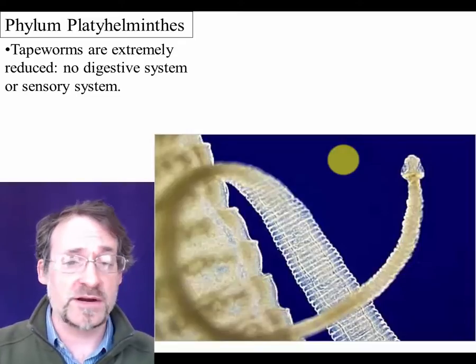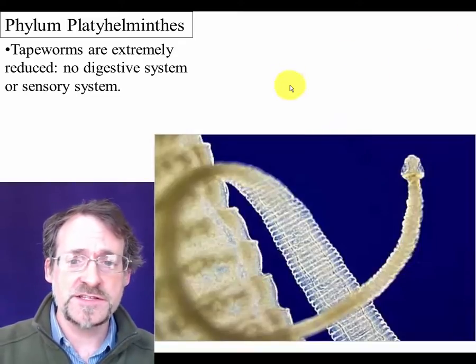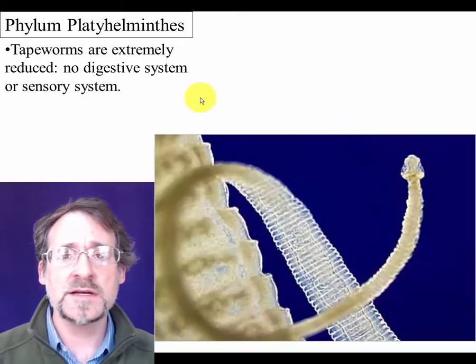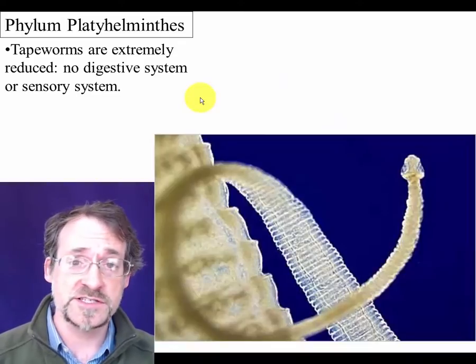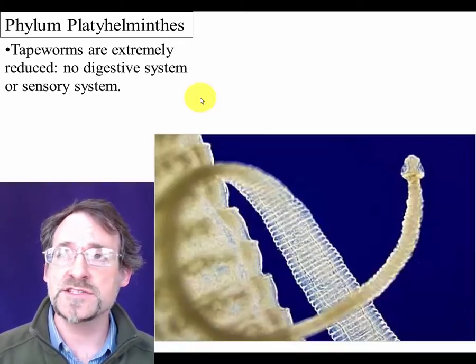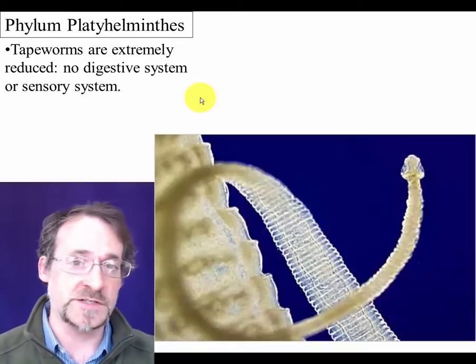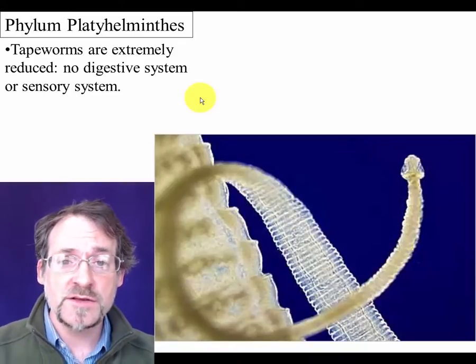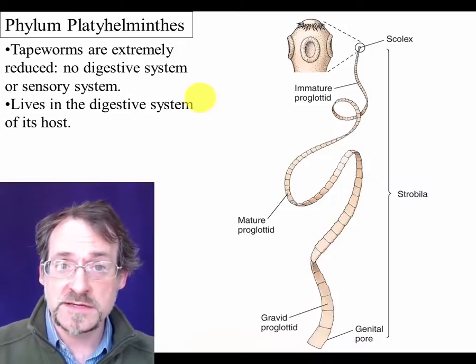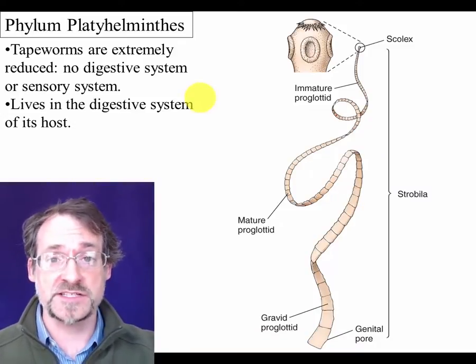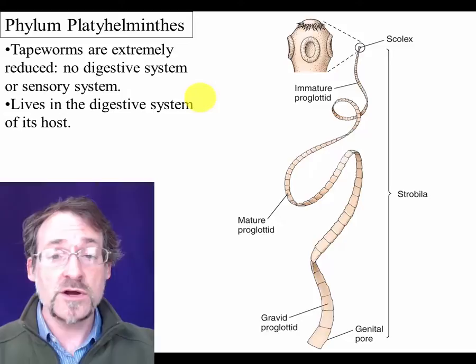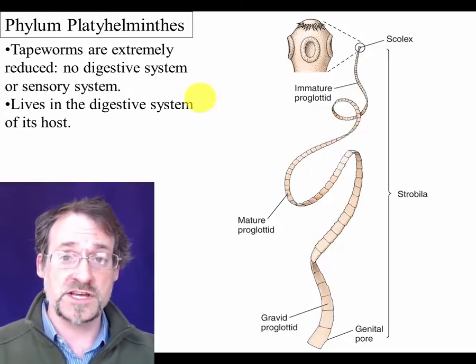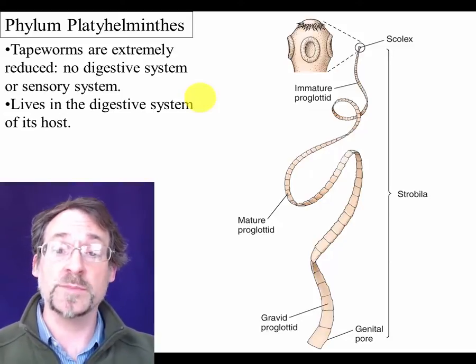Tapeworms are also parasites in the Platyhelminthes, and they also lack a sensory system. In fact, they've taken this sort of reduction in features even farther. Tapeworms don't even have a digestive system. The reason they can get away with this is that they live in the digestive system of their host. The host digests all the food; the tapeworm simply has to absorb it.